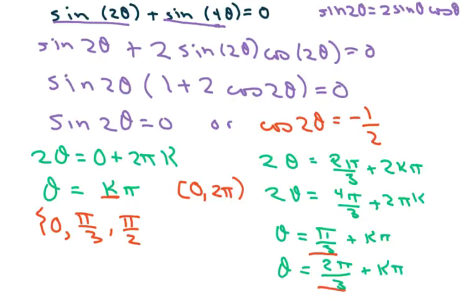Then we're going to get this one, 2 pi over 3. And then you let k equal the other values, that k equal 2, you get pi, then 4 pi over 3, then 3 pi over 2, then 5 pi over 3.